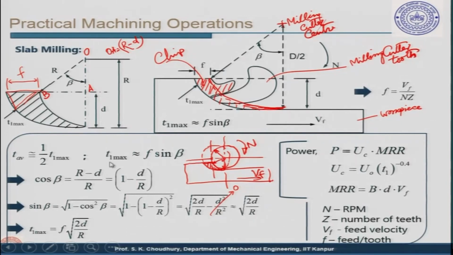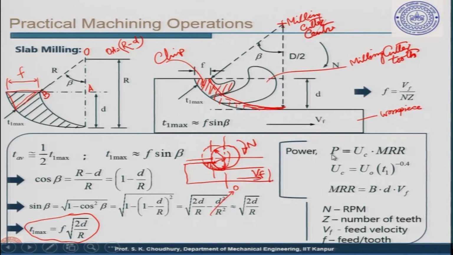So, therefore, t1 maximum, which is f into sin beta, and sin beta is root over 2 d by r, so this will be f into root over 2 d by r. So, this is how we can find out the value of t1 maximum, okay. And this is important because t1 maximum is an important factor. Why an important factor? Because we have to find out the power.